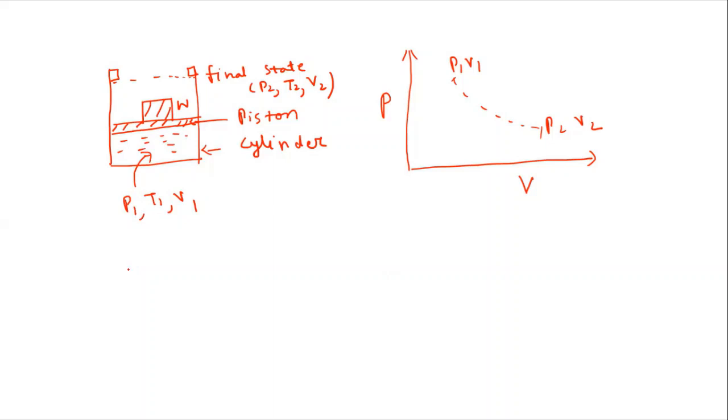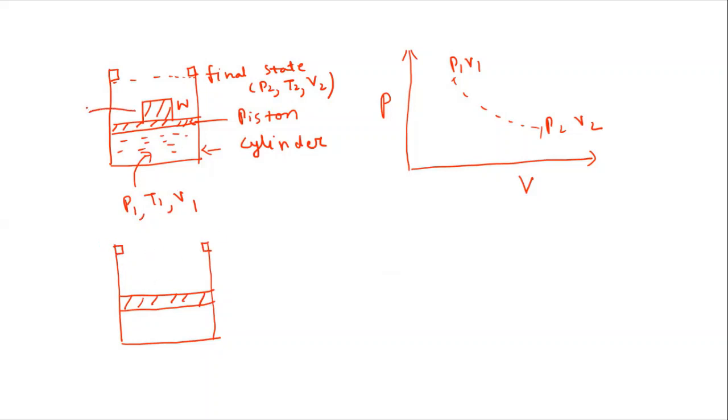Now let's change the arrangement of the system. Let's replace this weight W by small weights. Again we have a piston and cylinder arrangement, and the weight is replaced by small weights.